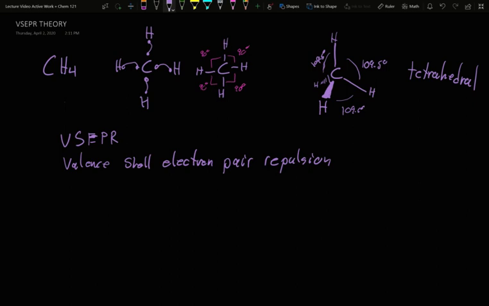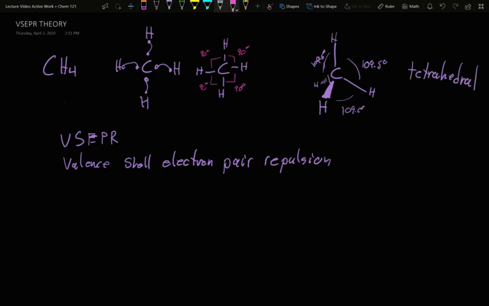What this means is the electrons in the valence shell, which when we put together our Lewis structures, it's only the valence electrons, that highest numbered S and P, that end up being used for our Lewis structures. Those electrons, well, they're all negative. They push away from each other.